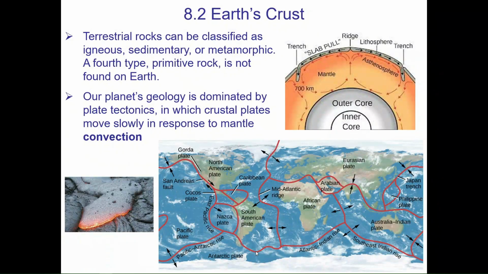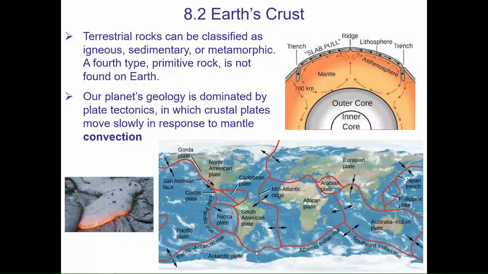And the fourth, very important category of rocks, we call primitive rock. So what is a primitive rock? It can tell us much more about the early history of the planetary system. This type of rock largely escaped chemical modification by heating and geological activity.